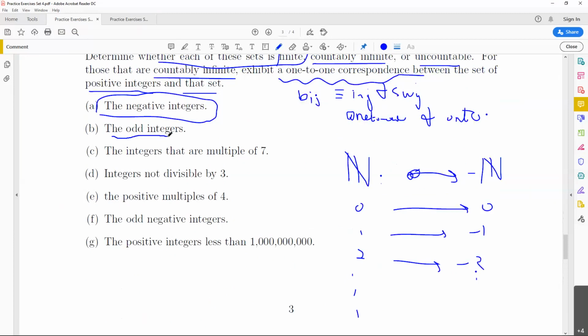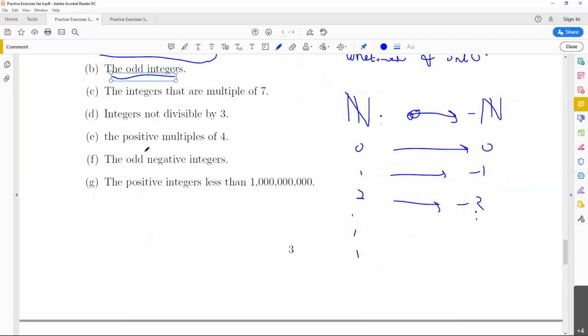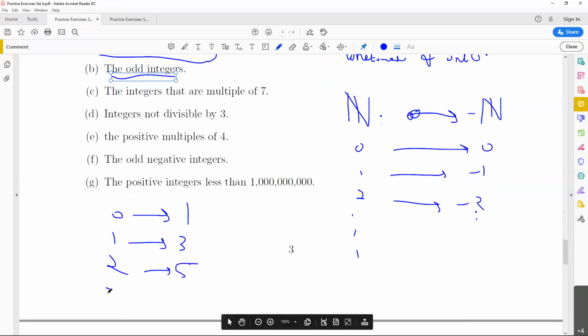The odd integers, same thing. It's countably infinite. 0 goes to 1. 1 goes to 3. 5. It's kind of like you're always skipping the even, and so on. So it is countably infinite, and that's the mapping.